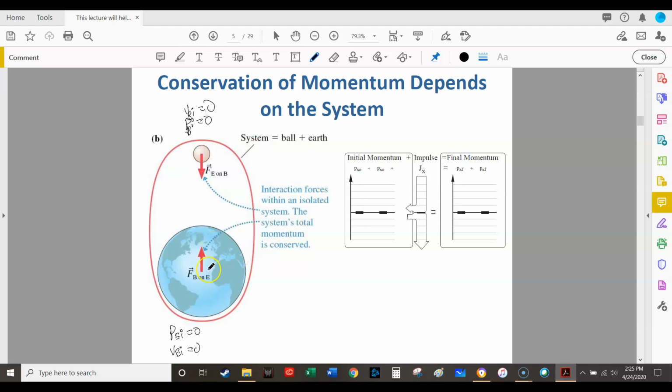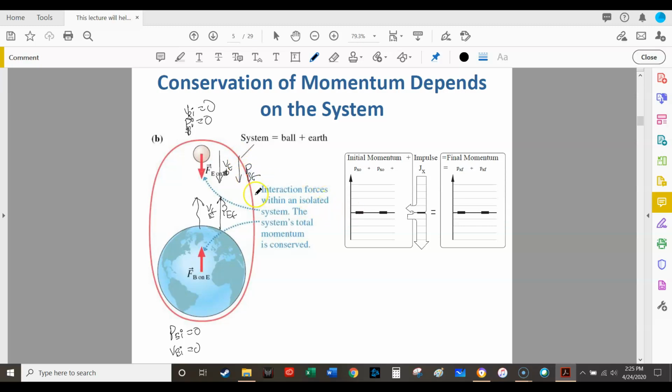And this is an interesting problem because now the Earth is going to be moving up to meet the ball. So its final velocity is going to be up to meet the ball, and its momentum is going to be directed up to meet the ball. And here, the ball is going to have a final velocity and a final momentum down to meet the Earth.